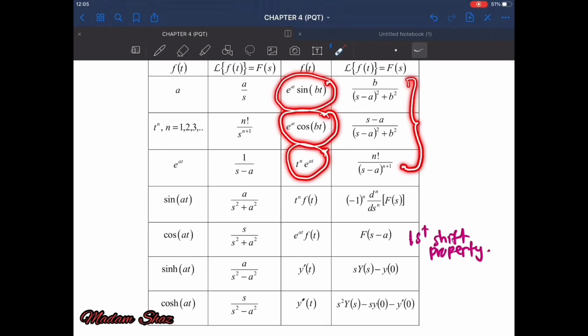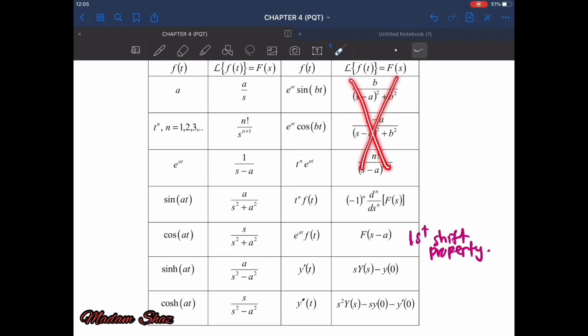But if the question mentions by using the first shift property, we cannot use the answer from the table. You have to solve by using the first shift property. So what are the steps for the first shift property? For the first step, you have to determine the value of a and the value of f(t).